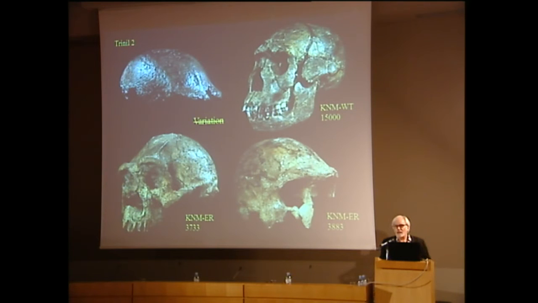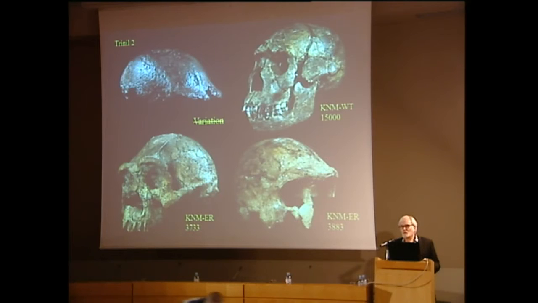Then if we now go to the East African specimens, none of them shares any of the features that would distinguish Trinil 2. And indeed, each of them presents a different morphology. 15000 as a subadult would never develop into looking like one of these.